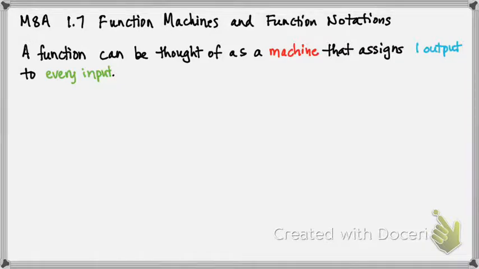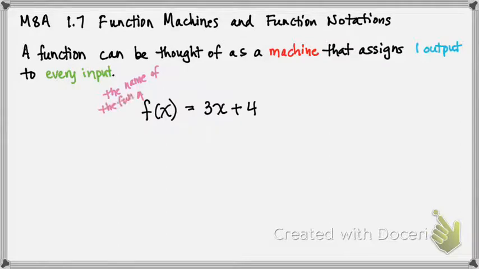So I'm going to draw a big function machine so that you can understand what it looks like. So f is actually the name of the function. It's function f. Okay?